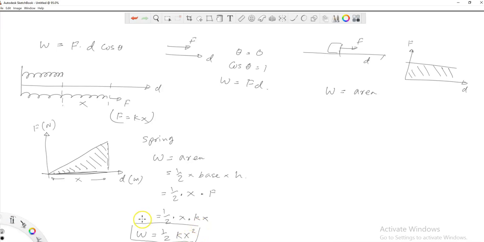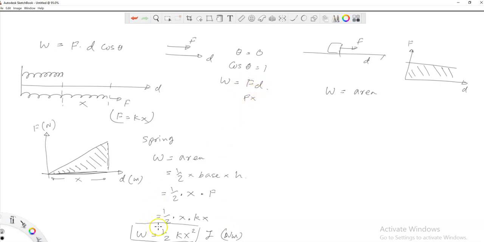Work needed to stretch a spring by a length of x is half kx squared, and it's in joules or newton meters. So keep that in mind. When it comes to work with a constant force, it's just Fd, or you can say Fx, force times distance.